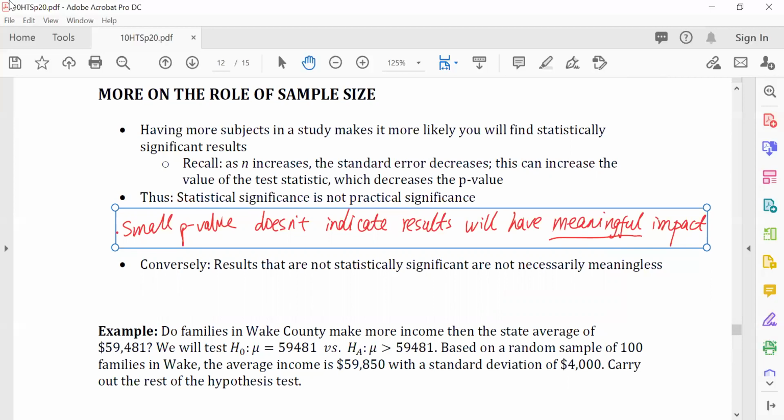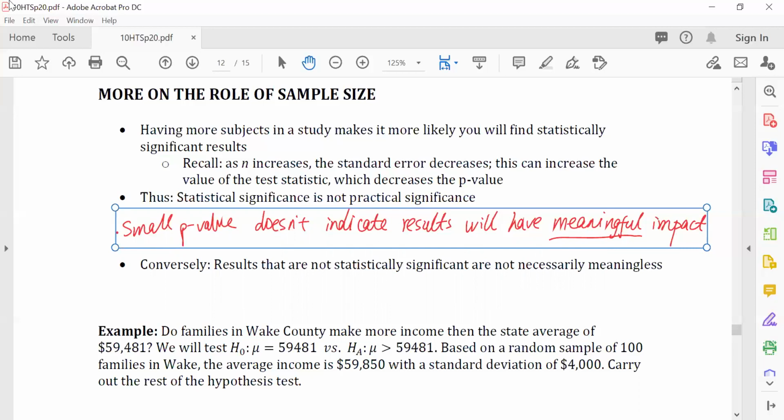You may not have a statistically significant result, but that doesn't mean the new way of treating depression is not worth exploring, because humans are kind of complicated.